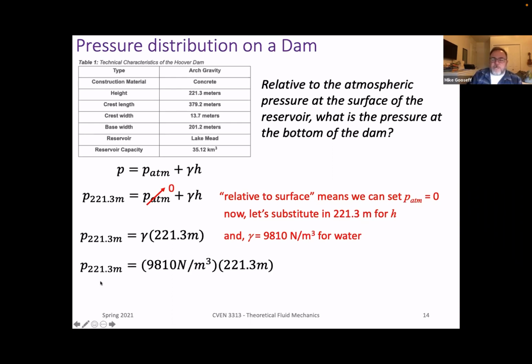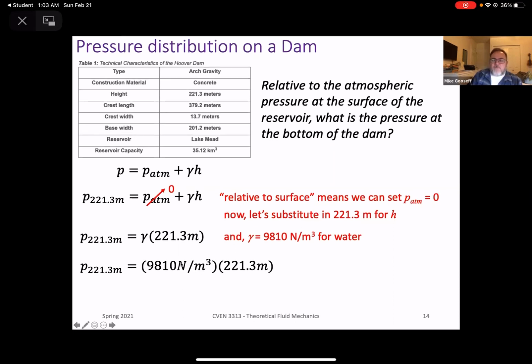So the pressure here at this depth is 9810, which is already a big number, multiplied by another fairly big number, 221.3 meters. Now, before I even do this math, I'm just going to look at my units. I note that I have a force per volume, so force per length cubed, and I'm going to multiply it by a length. It just so happens that I have both of these in the same units. So meters will cancel with meters cubed to give me meters squared.